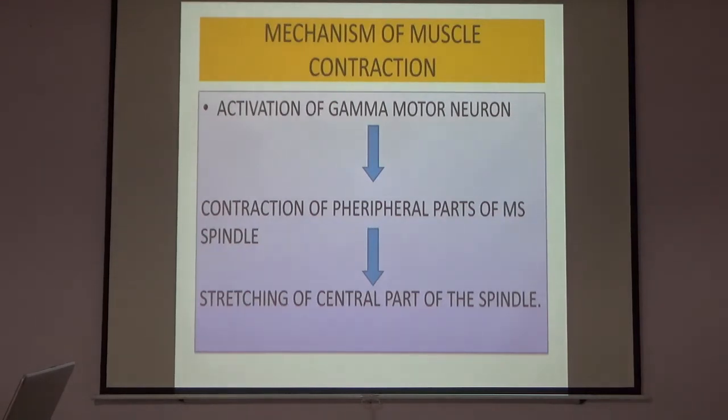So first there is activation of gamma motor neuron, which causes contraction of the peripheral part of the muscle spindle, and this causes the stretching of the central part of the spindle. We have seen that there is a central part and the peripheral part. It is the central part which has receptors for the stretch.